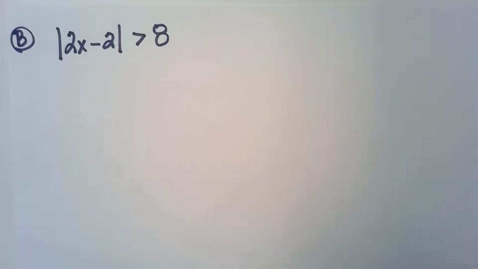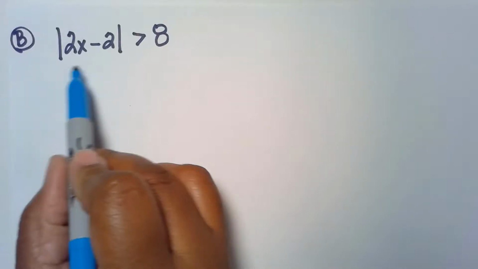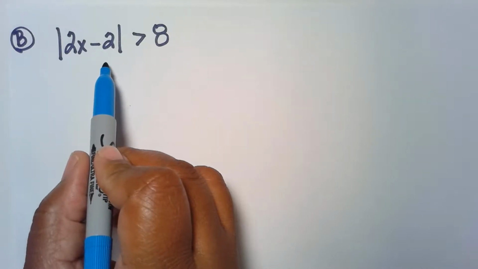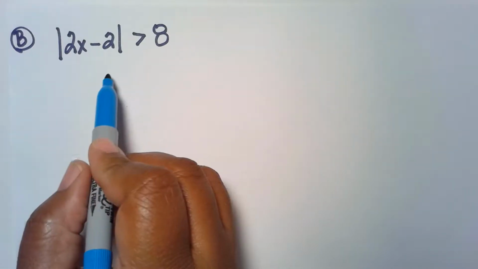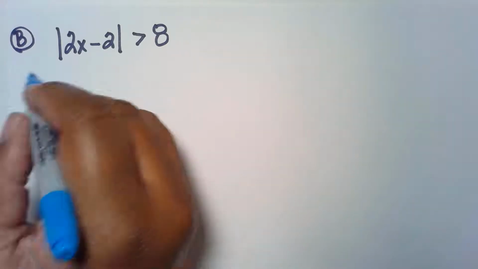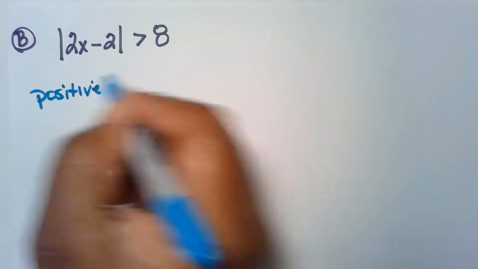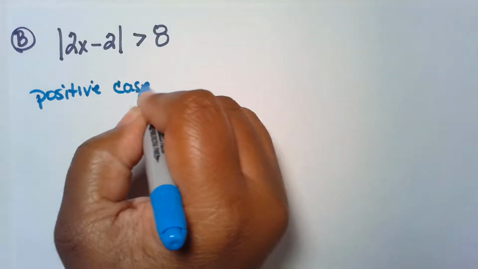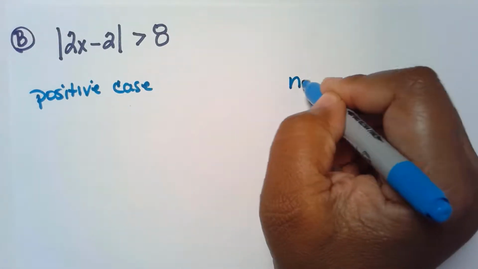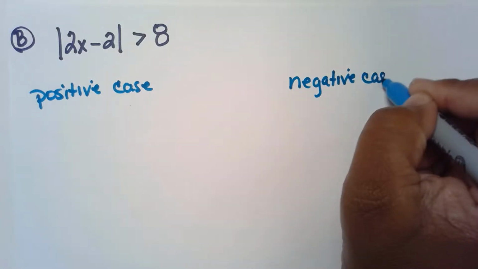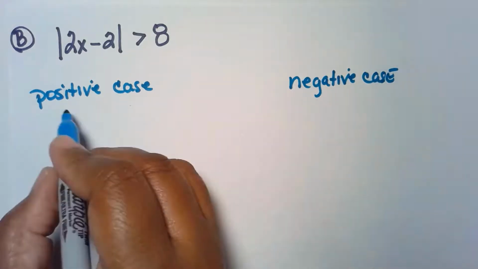Just like we would with an absolute value equation, we want to make sure the absolute value sign is by itself on one side, and that's what we have. Then we're going to solve it as if it was an equation, where we have a positive case and a negative case, where we drop the absolute value.